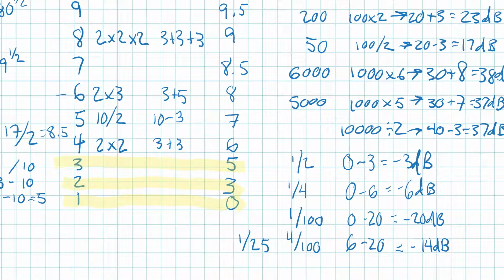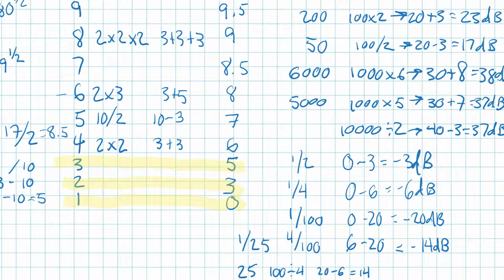So if you were to work with 1/25th, what you have to do is convert 25 to dB, and 25 is, you can think of that as 100 divided by 4, which in dB becomes 20 minus 6, or 14, gets you right back to the same place.